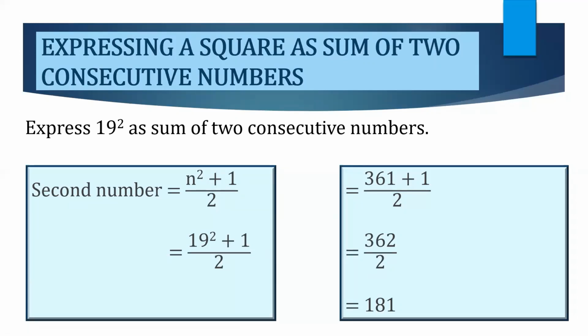And we know that 180 and 181 are consecutive numbers. So in short, whatever base you have, over here we have 19, you will take it as n. Then you'll use this formula, (n square minus 1) upon 2, or you can use the formula (n square plus 1) upon 2. Either of them you can use in order to find the two consecutive numbers.